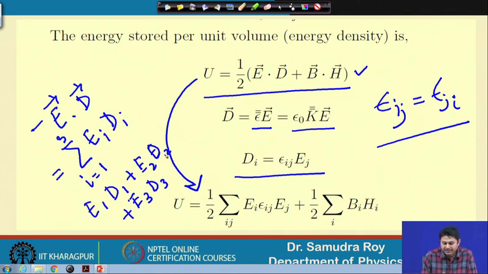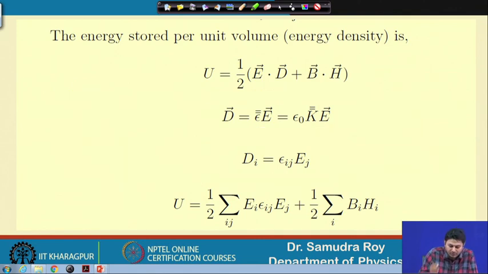Now I also use the relationship between D and E. So, Ei is there, and in place of Di I write epsilon ij Ej.